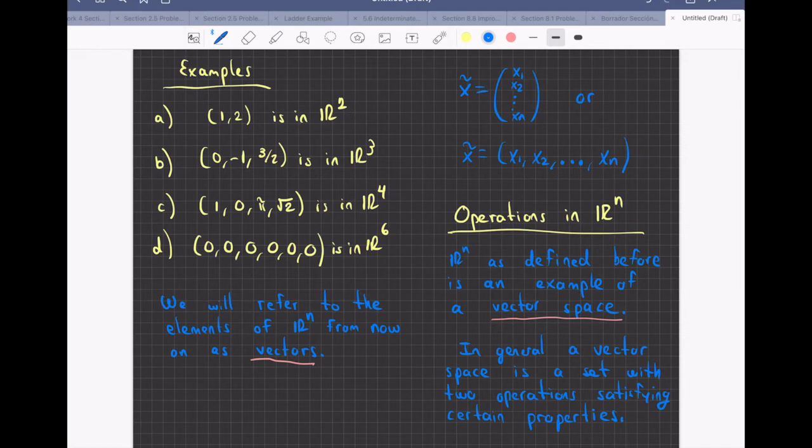For now, I won't talk about vector spaces in general, but you need to know that Rn is a vector space, and its elements are vectors. Based on this, we are going to see two operations.